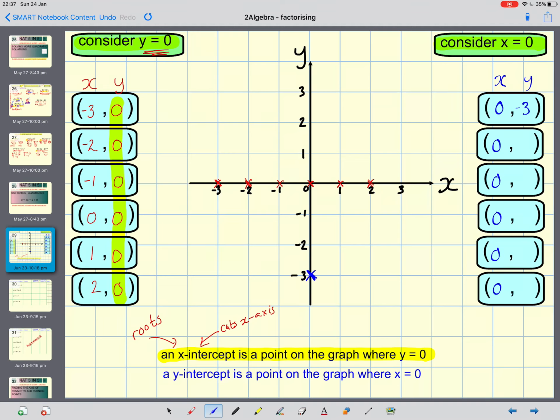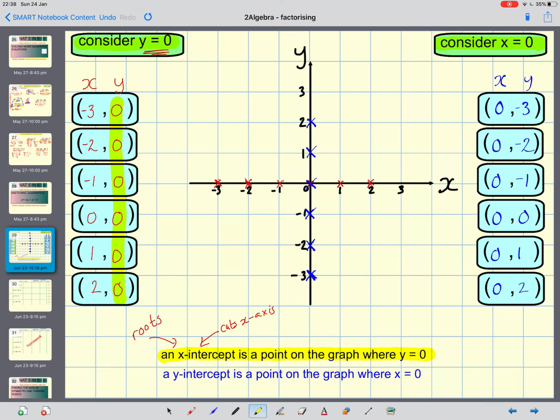This is where the coordinate would be here. So 0, -2 would be here. 0, -1 would be here. 0, 0 would be here. 0, 1 would be here. And 0, 2 would be here. You can see where I'm plotting them.